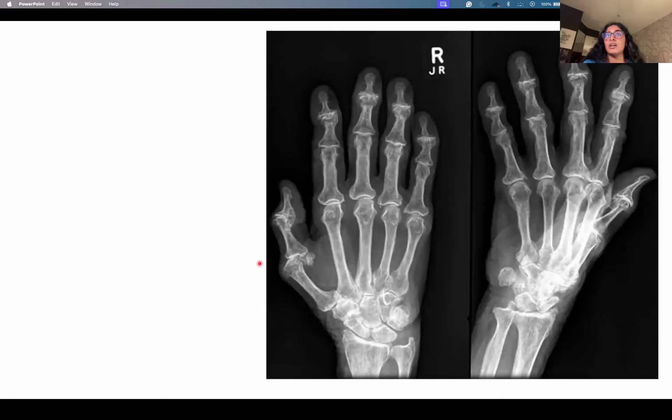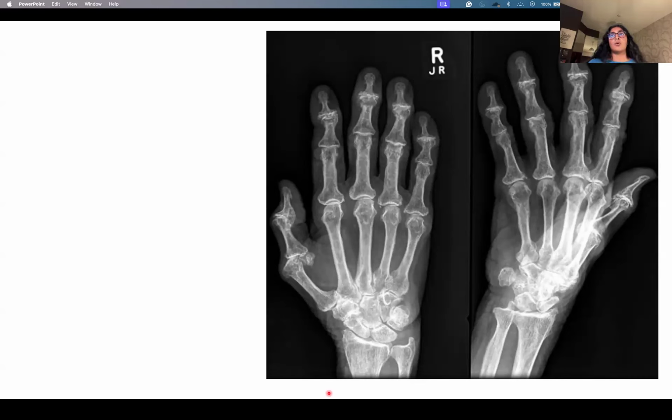So we've got an X-ray here. Just look at it in whatever way you've been taught so far. You might have been taught like RIPE and then look at each joint, trace around the contours, try and find any fractures.